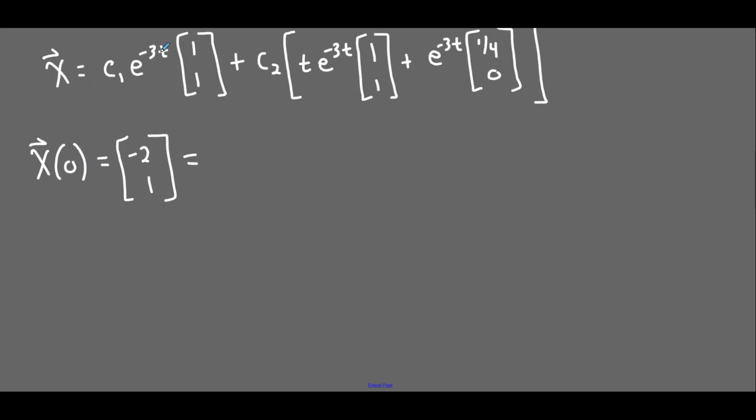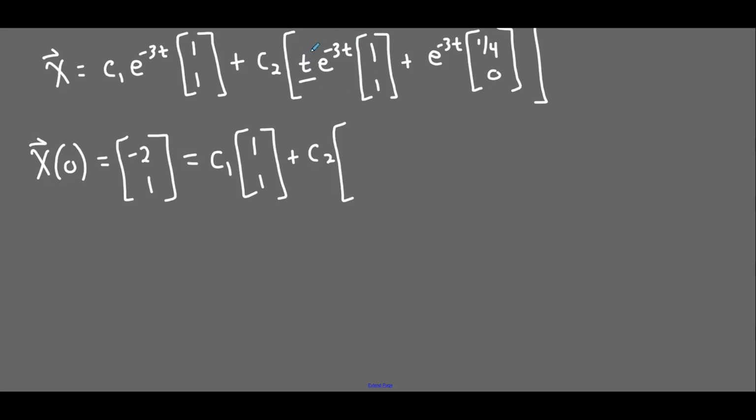You plug in 0 for t in these e to the negative 3t's, that'll give us e to the 0, which will be 1. So for this first one, I just get c1 times the vector 1, 1. And for the other one, when I plug in 0 for just t in front of the e to the negative 3t, that's going to knock out this entire vector here.